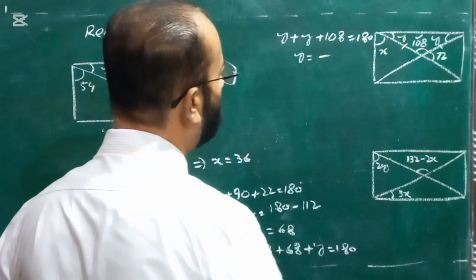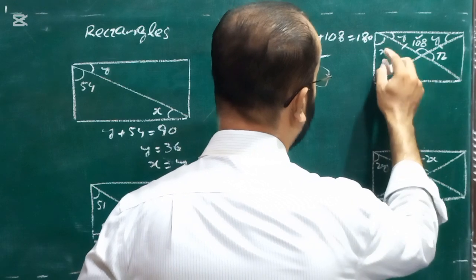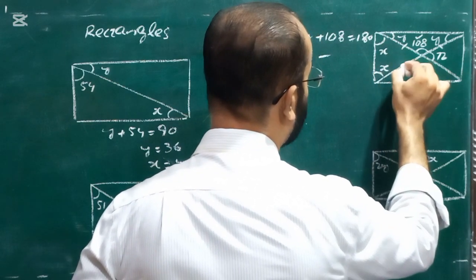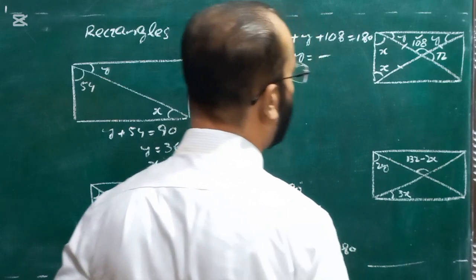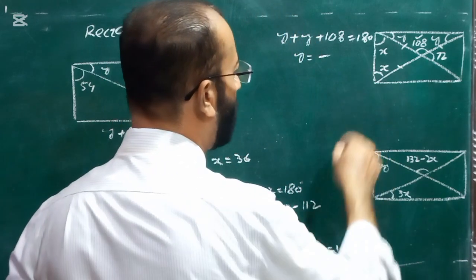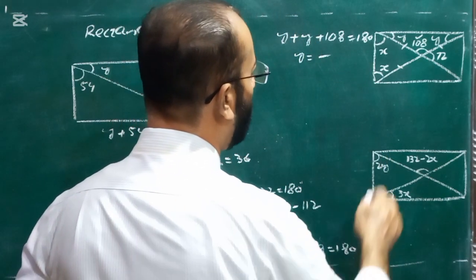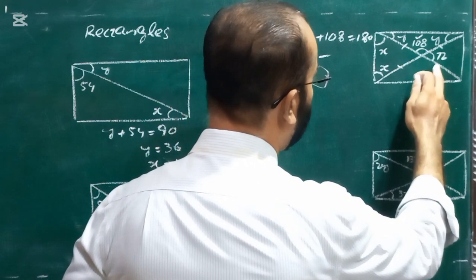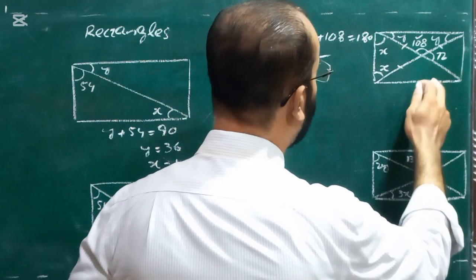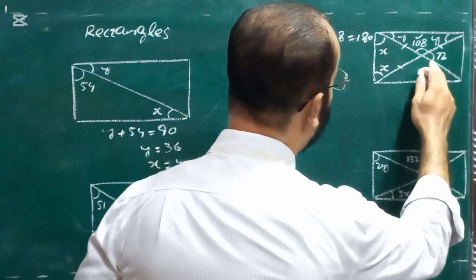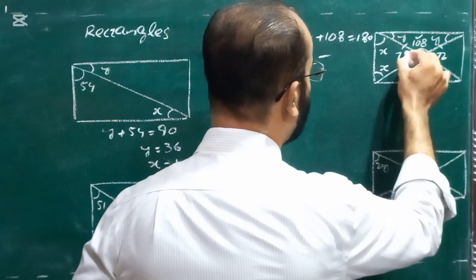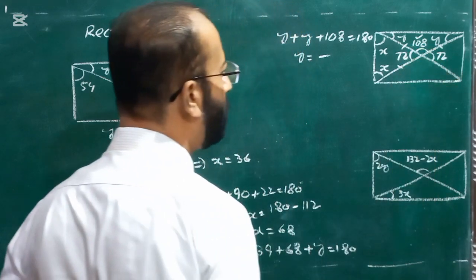So if you come into this triangle, if this angle is x, this will also be x, because this is again an isosceles triangle, so their base angles are equal. So 110 and 180. Okay. So if this is 72 degrees, this is a vertically opposite angle, so this will also be 72 degrees.